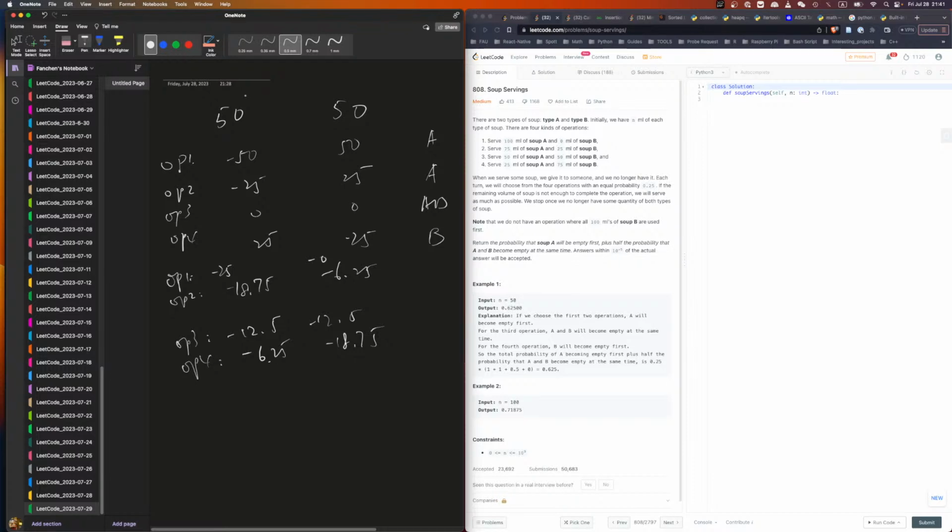So basically, how many rounds do you need to get A to empty first? And A and B starting is the same, right? Which just means how many different combinations will lead to a sum where A is larger than B? How many different combinations?